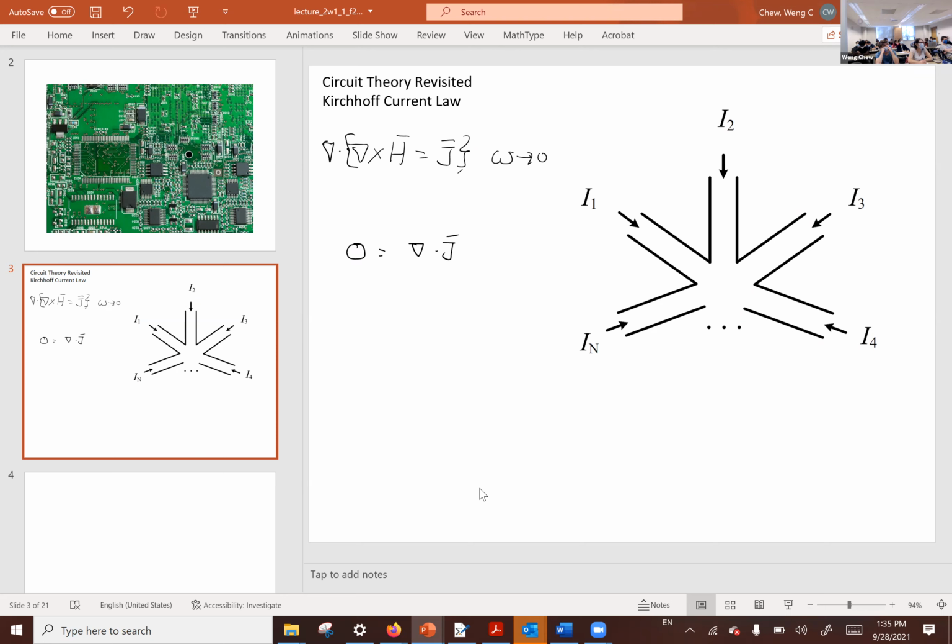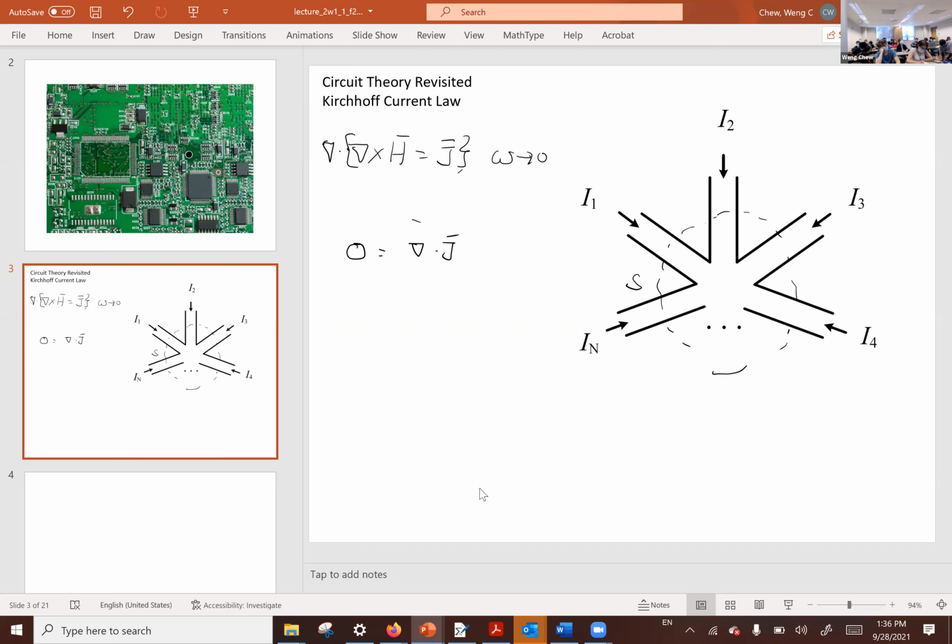So if you have current flowing into a junction like this, if you were to apply this to a surface S that connects all these wires together, you find that the divergence integral can be converted into a surface integral over the surface of the volume.